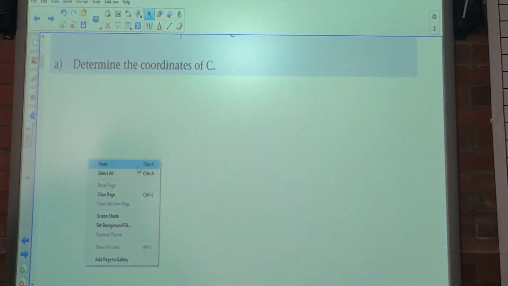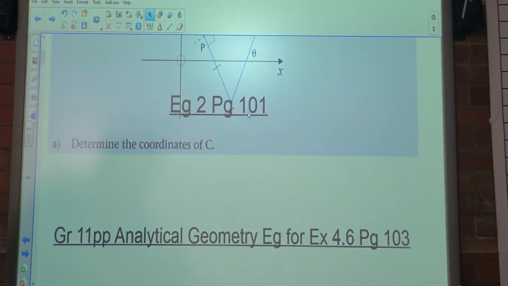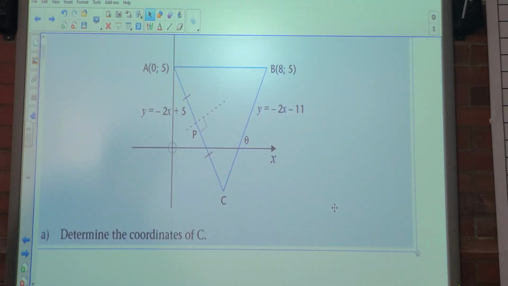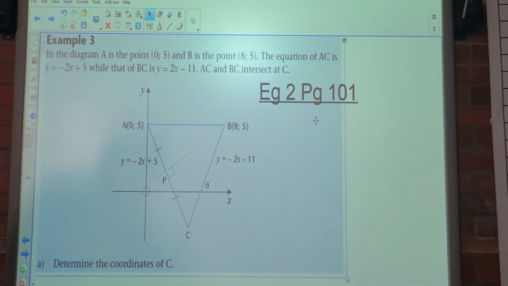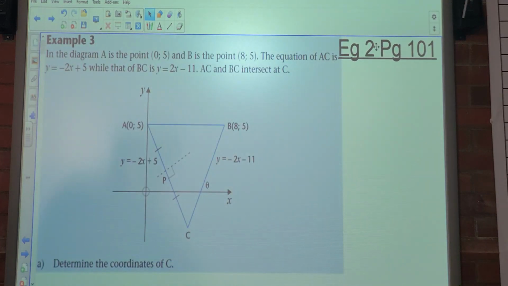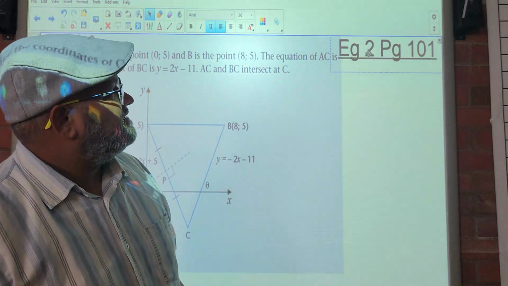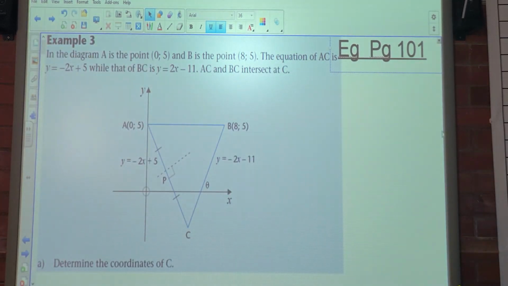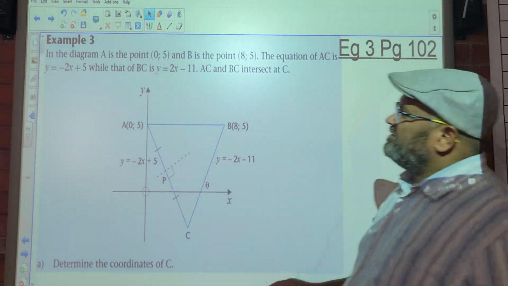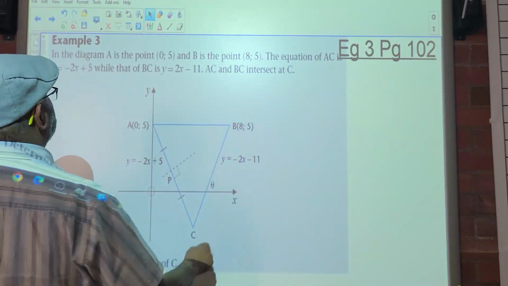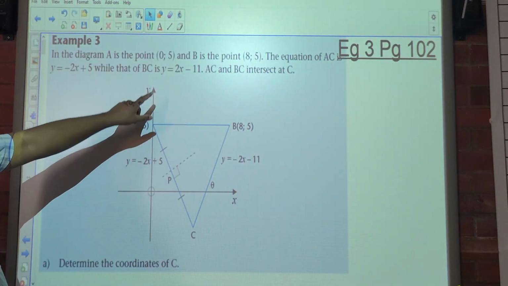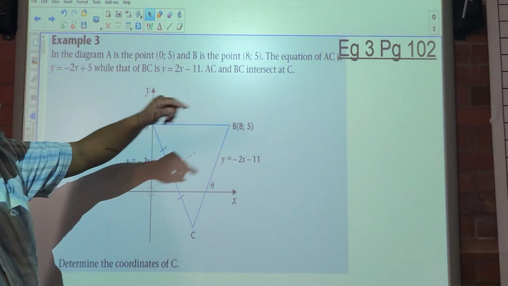We're now looking at example 3. Example 3 is on page 102. Okay, so here we are told that in the diagram, A is a point 0 and 5, B is a point 8 and 5.